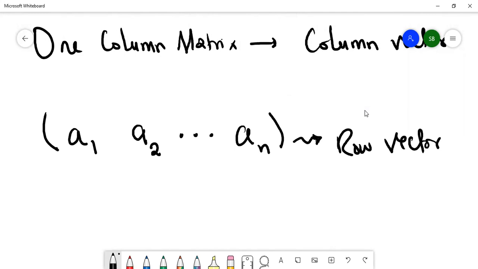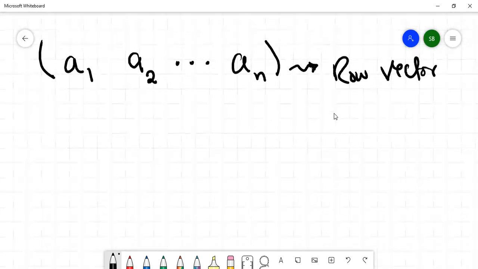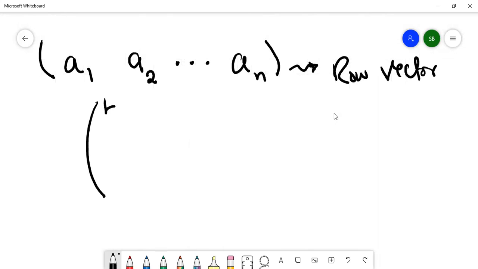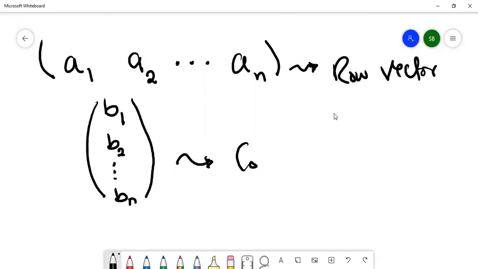And you can guess what the column vector would be like. An example is this: B1, B2, and you can continue up to the nth row. And of course, this is referred to simply as a column vector.